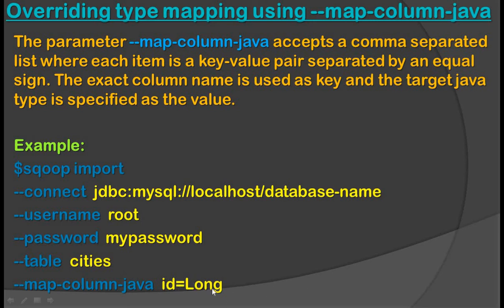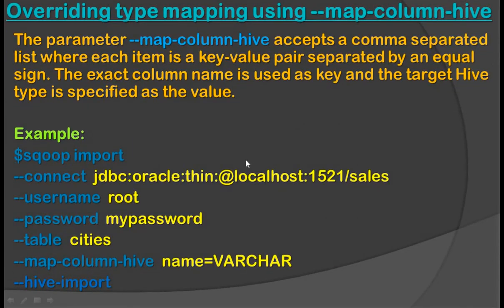For example, id equals long, comma, name equals string, and so on. So as we have seen, we can override type mapping by using double hyphen map-column-java. Now let's see the next thing.